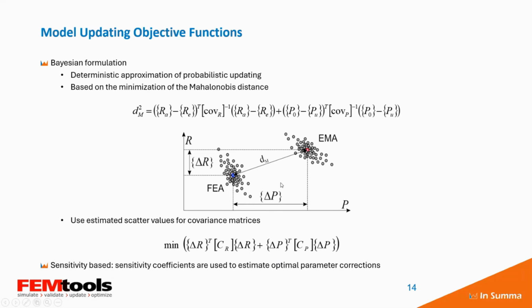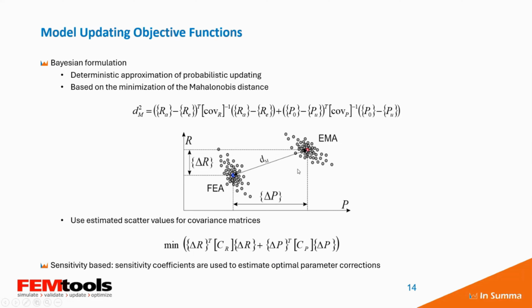So it's not only about the center of the point cloud, but also the size and the shape of the point clouds. This distance is in literature called the Mahalanobis distance, and it's an extension of the Euclidean distance by including the inverse of the covariance matrices for response and parameter. So this brings in statistical information about the point clouds.